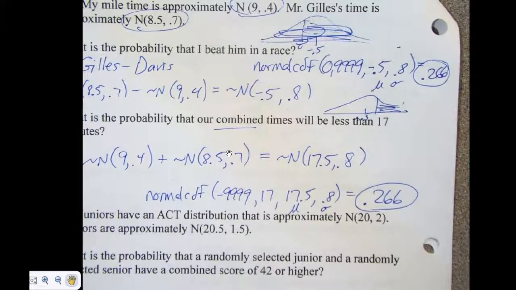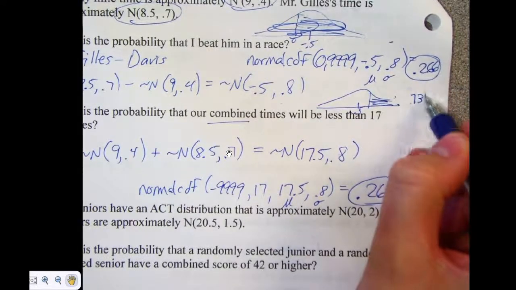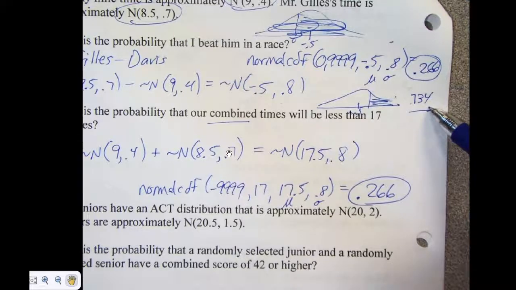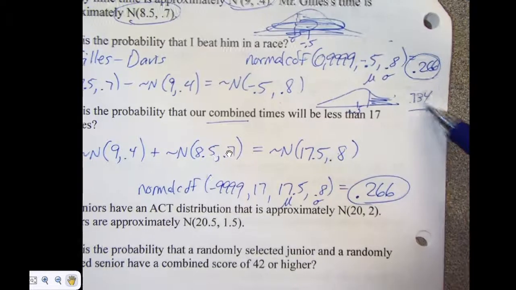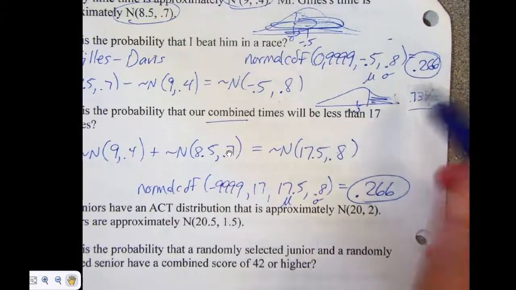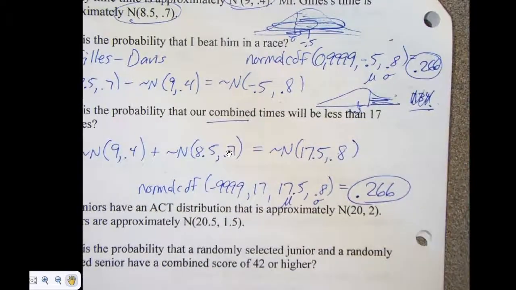If you get it backwards, you'd get 0.734. Hopefully at that point you'd be like, well wait, Davis isn't usually supposed to win. So I'm going to do 1 minus that, and that'll be my answer. So if you're wrong, you can correct it because you'll realize you're wrong. Hopefully. Does that help some? I mean, we'll do more Monday.